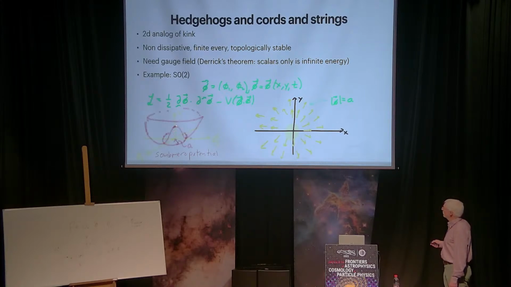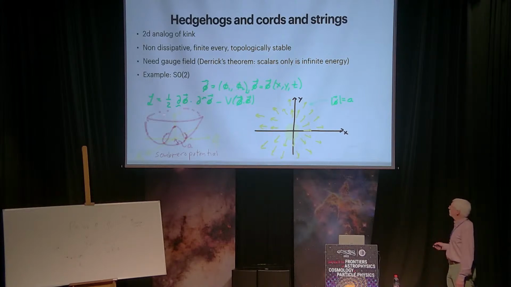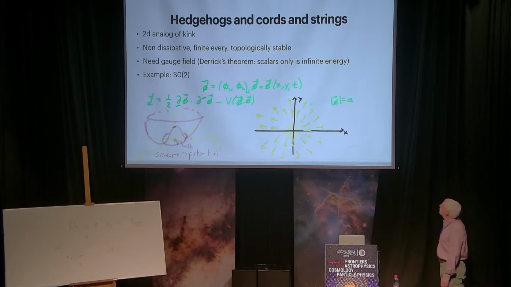So it has to go to the origin at the center of this configuration. The problem is that even this configuration has infinite energy. And the reason is just that in 2 dimensions, the thing that we set up for the kink, when you integrate over all of the 2-dimensional space, still gives you something which is infinite.